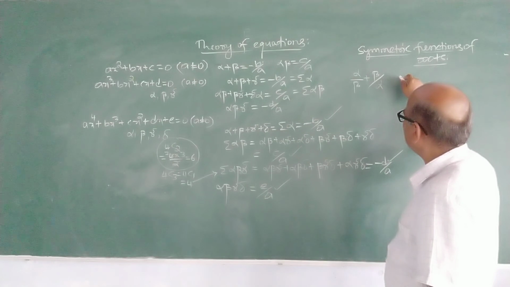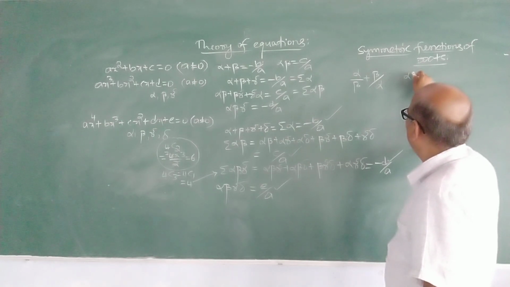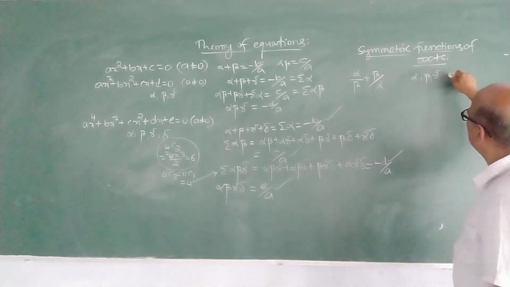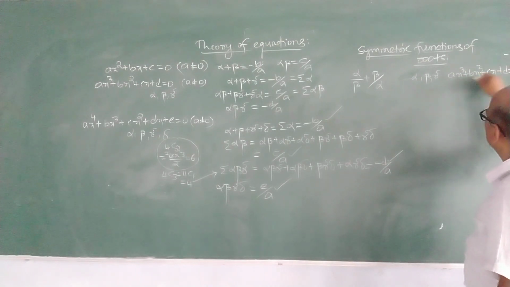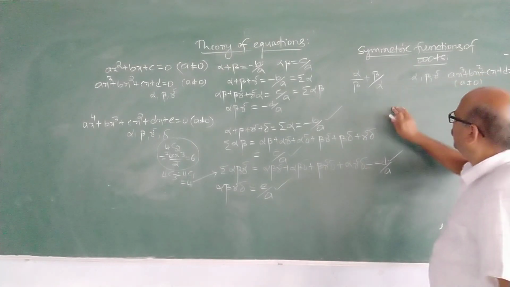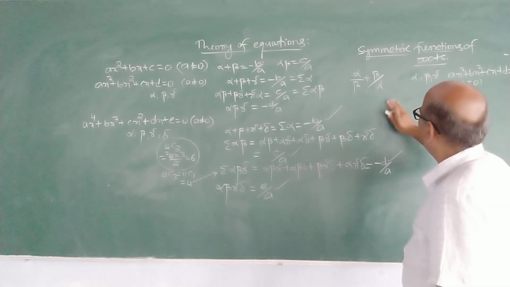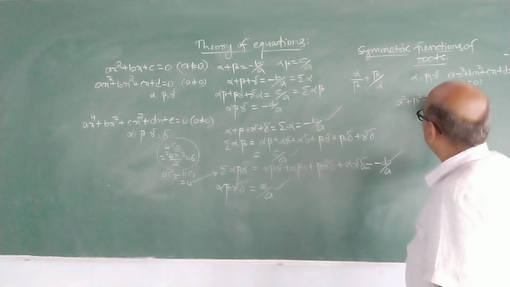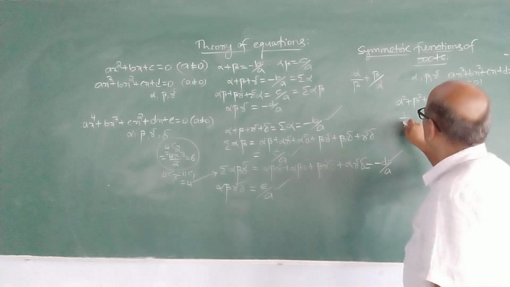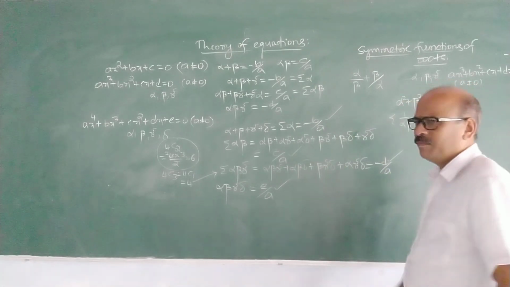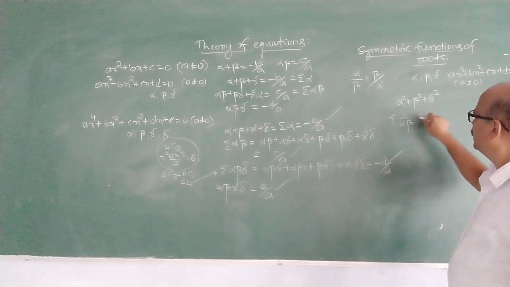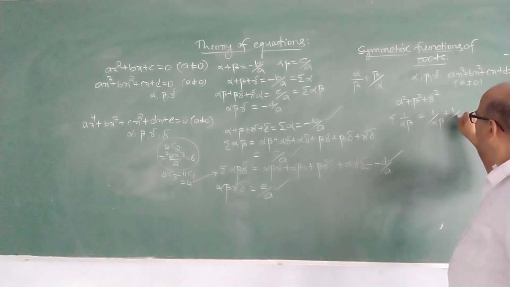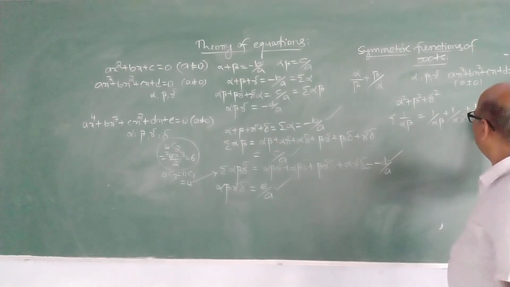Or if there is a cubic equation, alpha, beta, gamma are roots of ax cube plus bx square plus cx plus d is equal to 0, a not equal to 0, then sigma alpha square, or alpha square plus beta square plus gamma square, or sigma 1 upon alpha beta, that is 1 upon alpha beta plus 1 upon alpha gamma plus 1 upon beta gamma.